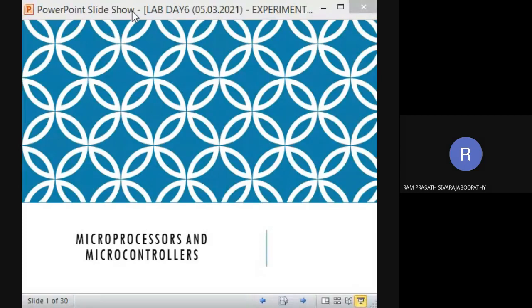Then the 8051 microcontroller comes under module 3. So the first module, 8086, is not covered yet, the second module is fully skipped, and the third module we are teaching now in the theory class. But this topic, 8255, comes under the second module.